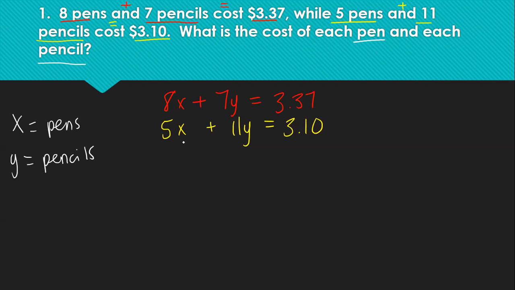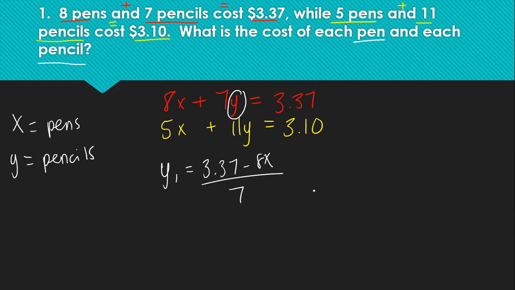So graphically, typically I need to solve for y, right? I need to get y by itself. What is the plan to get y by itself in the red equation? Subtract 8x, good job. And then divide by 7.